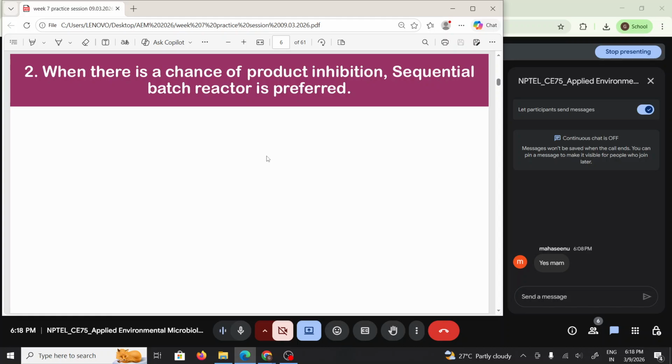So this is one of the concerns in bioremediation. When we talk about bioremediation or a biological waste treatment process, we are going to add some waste material and we are trying to convert it into some other form using microorganisms.